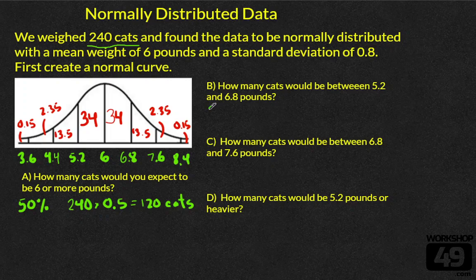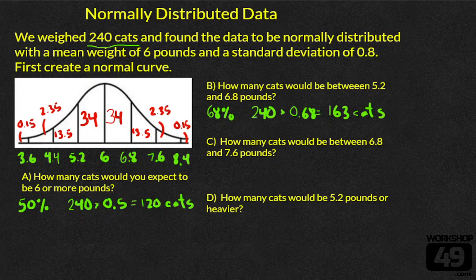Because this is 68%, we want to turn this into an actual number. 240 multiplied by 0.68 is going to equal 163 cats. So out of our 240 cats, we would expect 163 of them to be between 5.2 and 6.8 pounds.